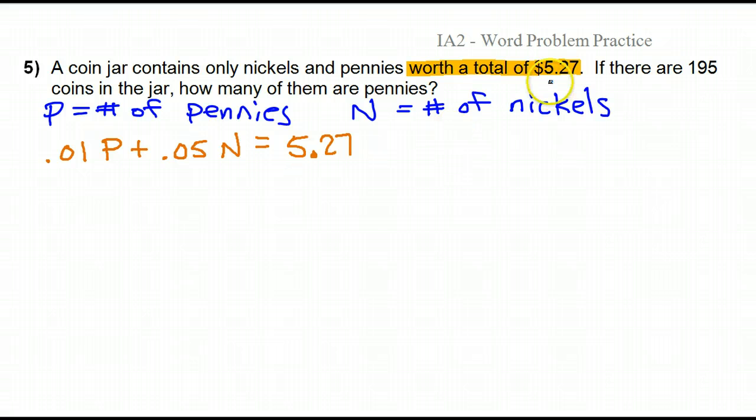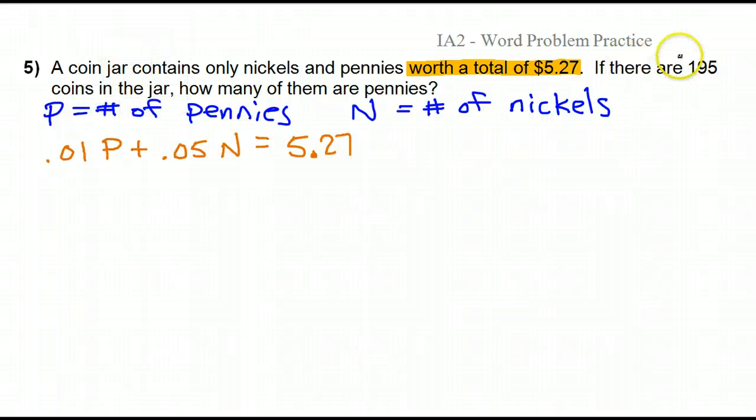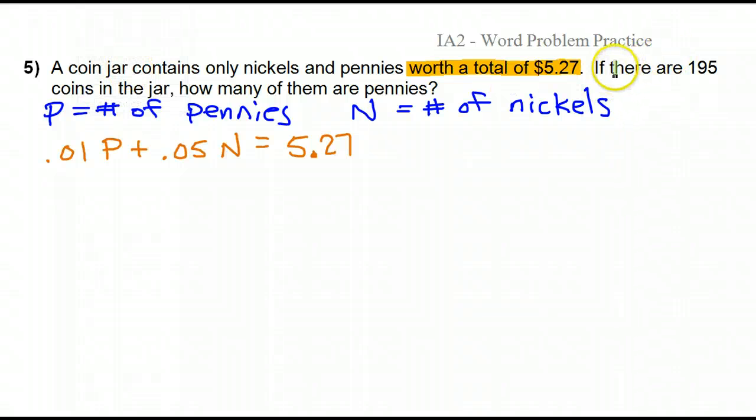Now, if there are a total of 195 coins in the jar, that's where my second equation is going to come in. Whoops, I meant to be using the highlighter tool. So there are 195 coins in the jar. That is going to give me my second equation.